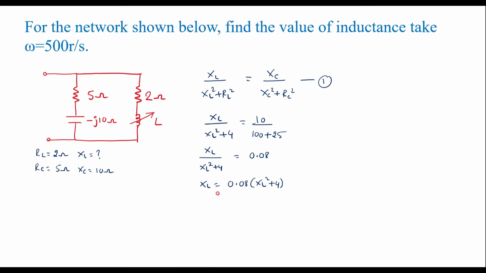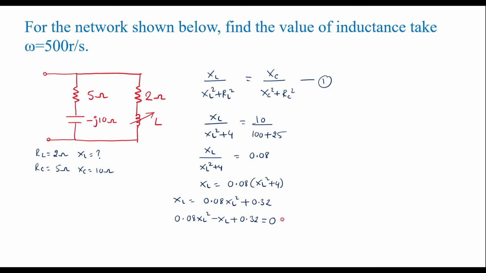So simplifying this, I can write XL is equal to 0.08 XL square plus 0.32. So further I can represent this as 0.08 XL square minus XL plus 0.32 is equal to 0.